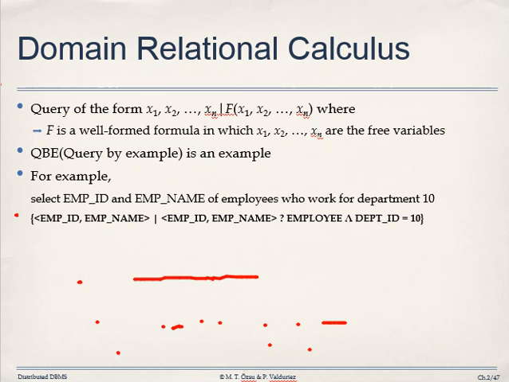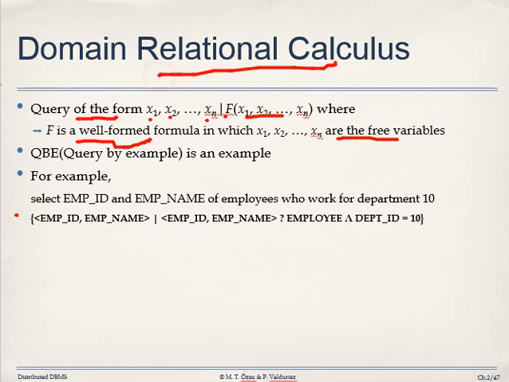Now domain relational calculus. In domain relational calculus, how can we find the result? A query is of the form {<x1, x2, ..., xn> | F(x1, x2, ..., xn)}, where F is a well-formed formula in which x1, x2 and xn are the free variables. Query by example is an example of domain relational calculus.